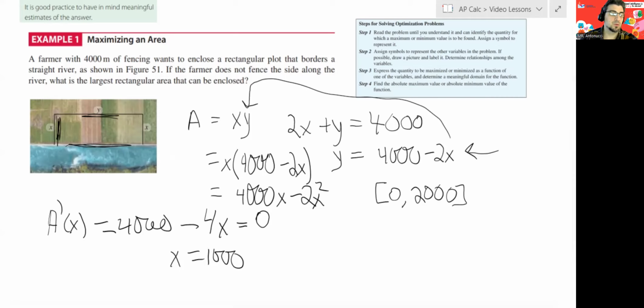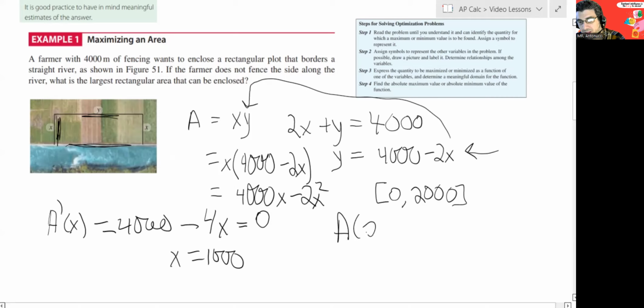Now, this x equals 100 is our critical number, and so we need to make sure that this critical number is actually the max value. Since we have a closed interval, we can use the candidates test and determine which of the three values, the endpoints of the interval or the critical number that we got, will give us the max area.